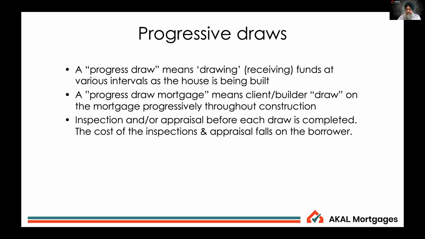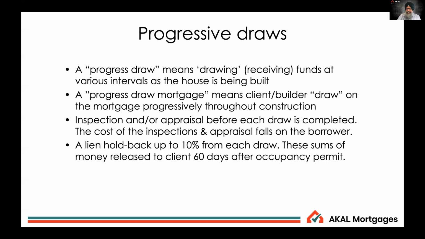So every time an inspection and an appraisal are completed before they can do the draw. And now that's what you're asking, Gogi. A lien holdback of up to 10% from each draw, right? The sum of money is released to the client 60 days after the occupancy permit.